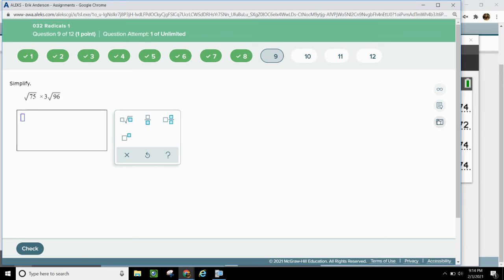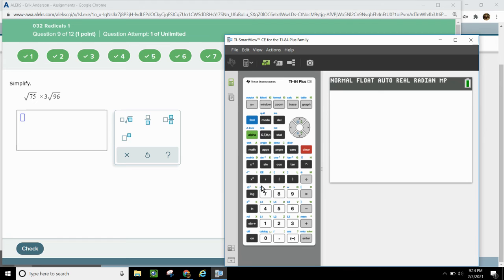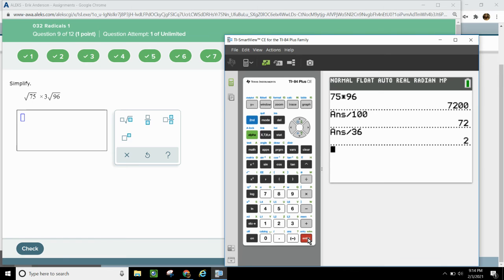75 times 3 square root 96. 75 times 96 is 7,200. Well, we know we could divide that by 100, which would break out as 72. When we were just working with that, we could divide that by 36. So that means that this would be the same thing as the square root of 100 times the square root of 36 times the square root of 2.